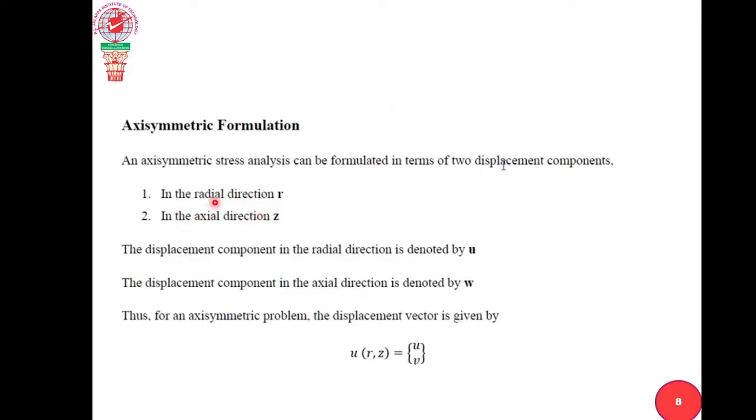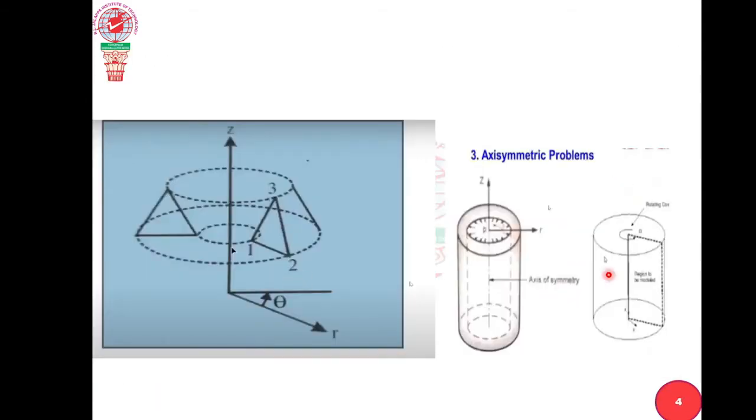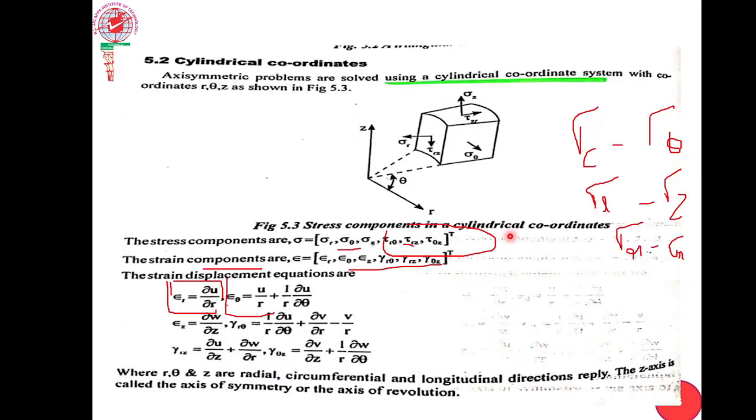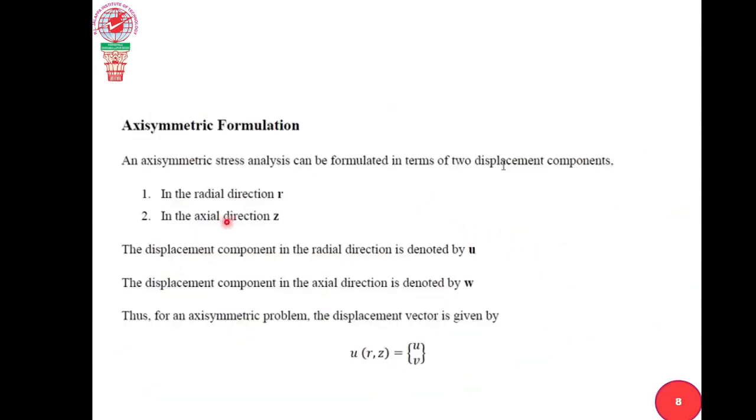The displacement along the radial direction we denote by u. The displacement along the axial direction, hope you understood what the axial direction is. This is the axial direction, this is the radial direction, and this is called the circumferential direction. Is it clear? So the displacement along the radial direction is u.